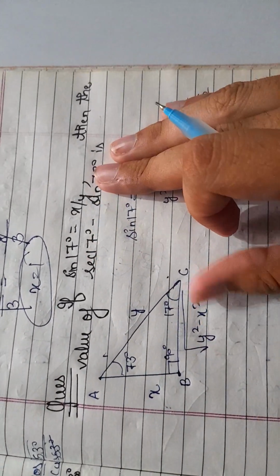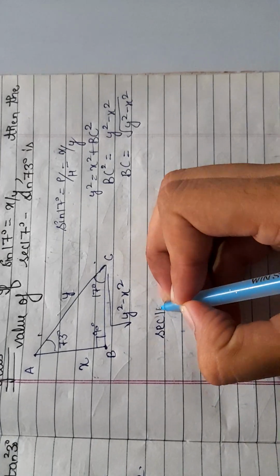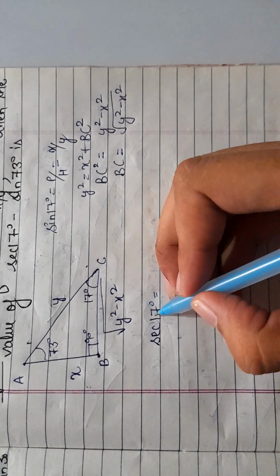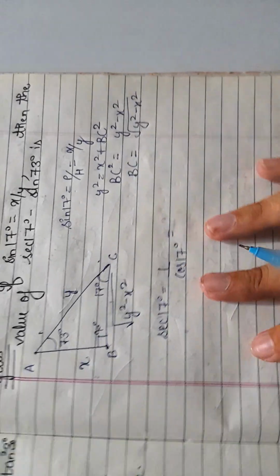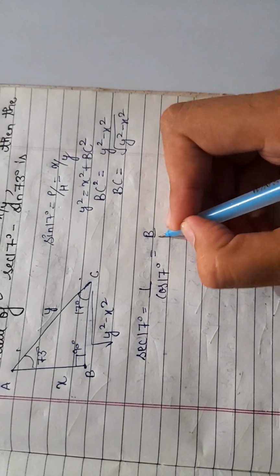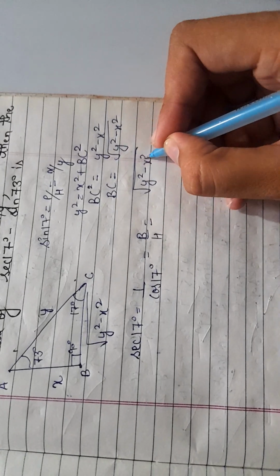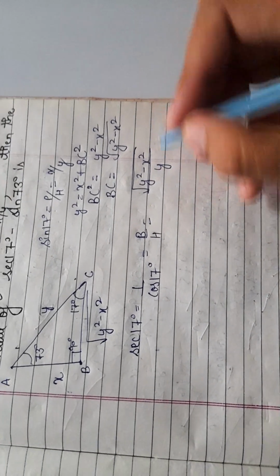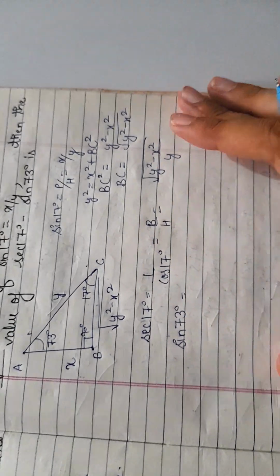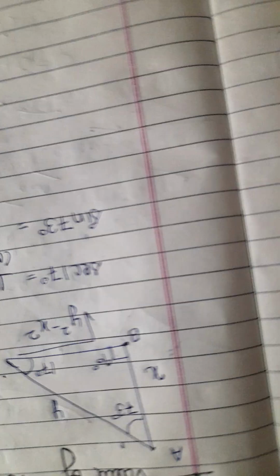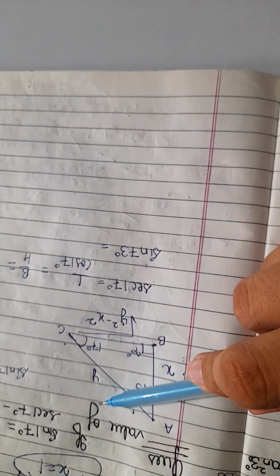Okay, we have to solve this. Secant will be the reciprocal of cos 17. So base upon hypotenuse means root y square minus x square upon y is cos 17. Okay, you can solve it like this. Treat it as base, it as perpendicular, it as hypotenuse.